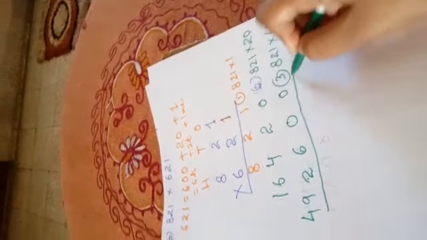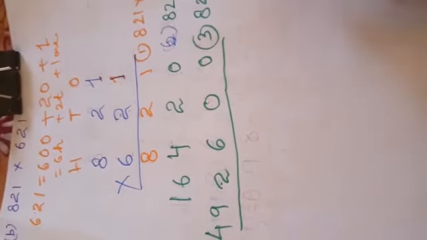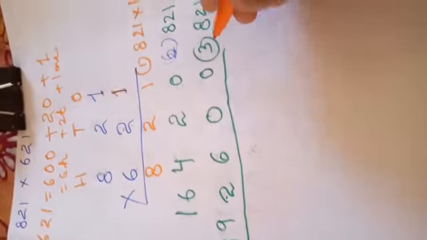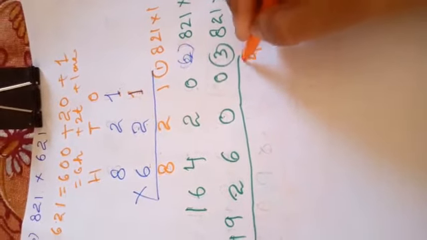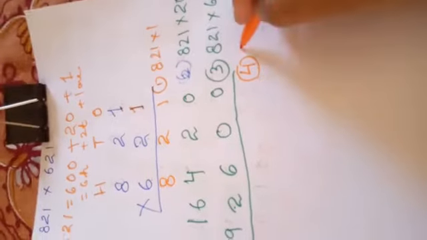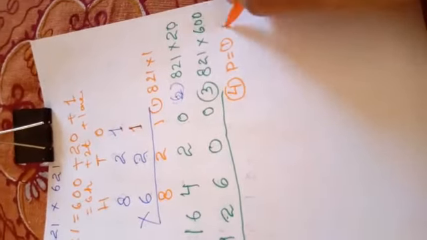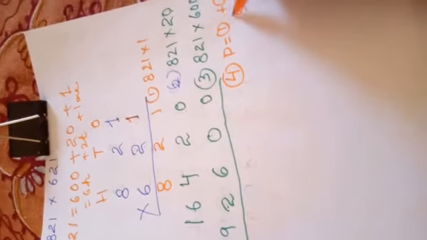Now we will add it. Now the fourth step is to add the first, second and third in order to get the product.